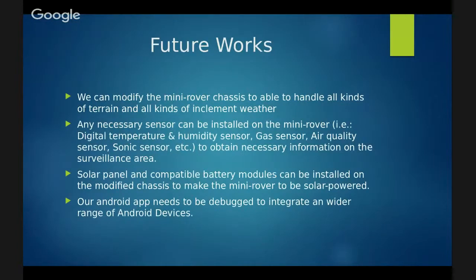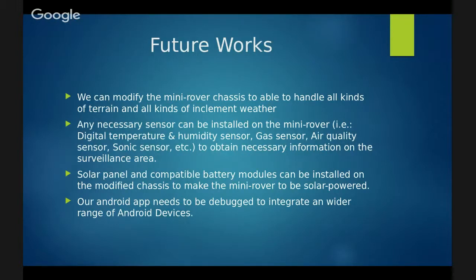Now the future work. For our future work on this project, we can modify the Mini-rover chassis so that it can handle all kinds of terrain and all kinds of inclement weather. Then we can add any necessary sensor on the Mini-rover.